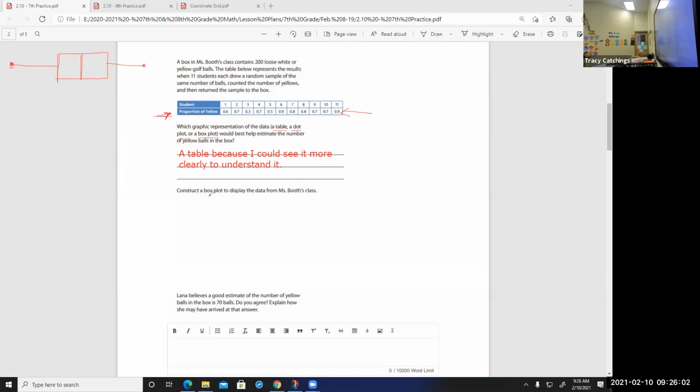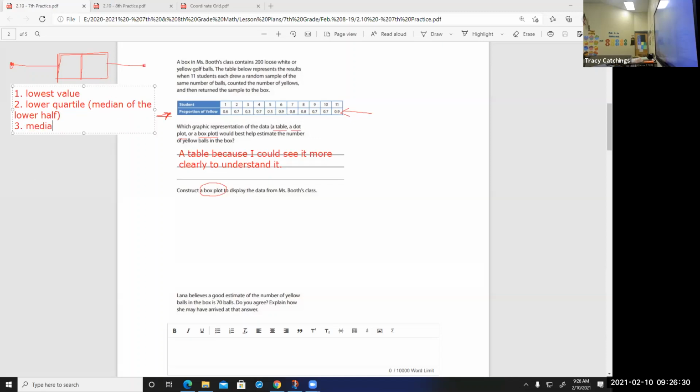And then down below, they told us create a box plot. As I stated, I just showed you what a box plot is. I did note that a box plot has 5 things, for those of us who may have forgot in 6th grade. The first is the lowest value. We then have what's known as the lower quartile, or in other words, the median of the lower half of the data.